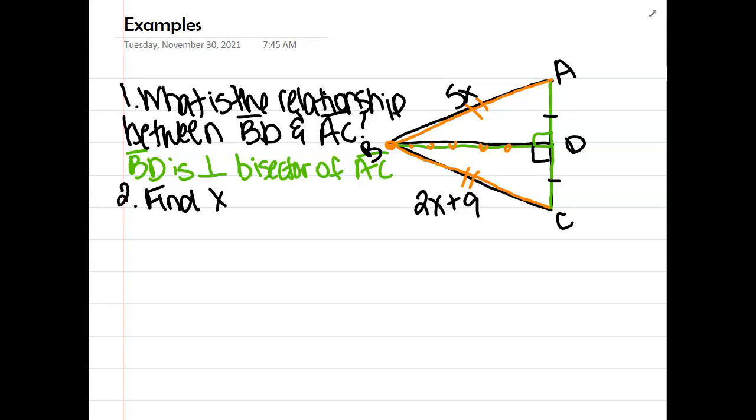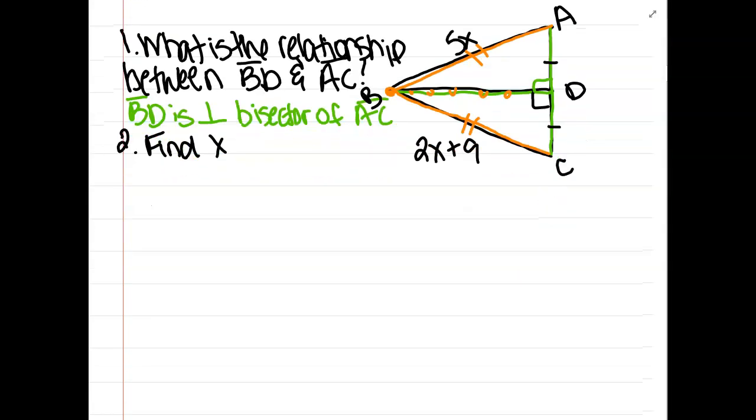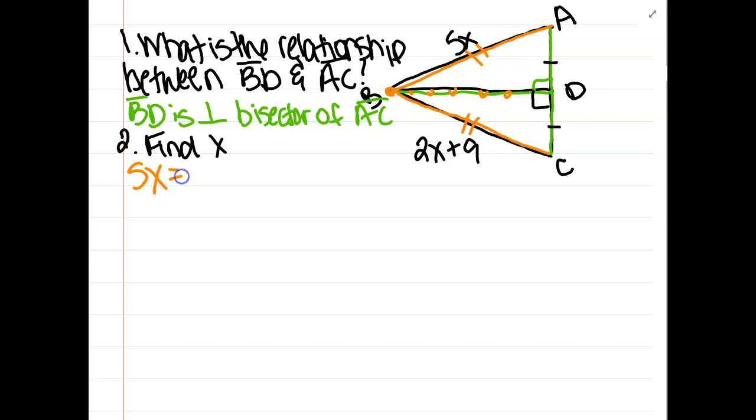How are we going to find out what x is? Theorem 5.2. So what are we going to do? Exactly. We're going to set them equal to each other. We're going to say 5x equals 2x plus 9.